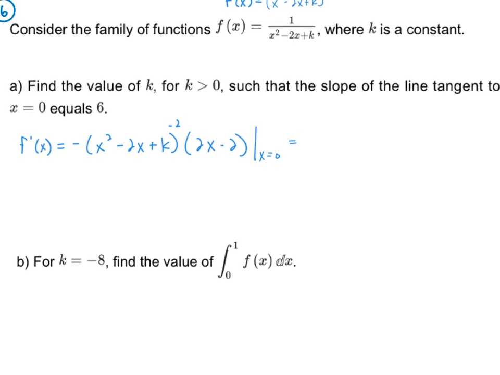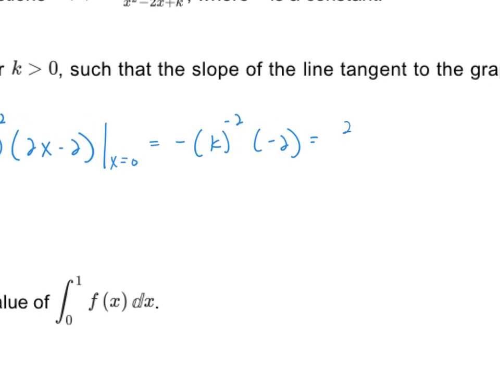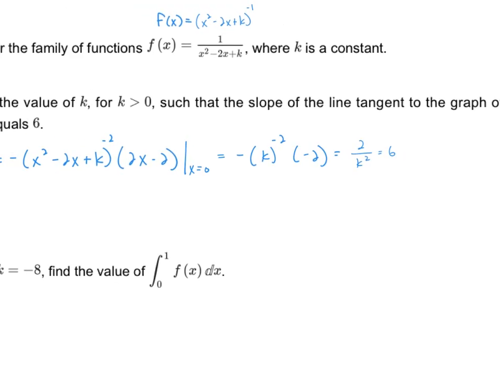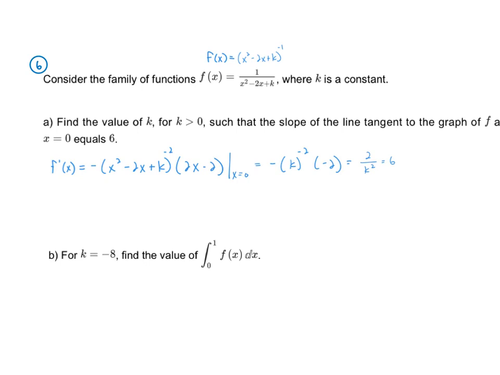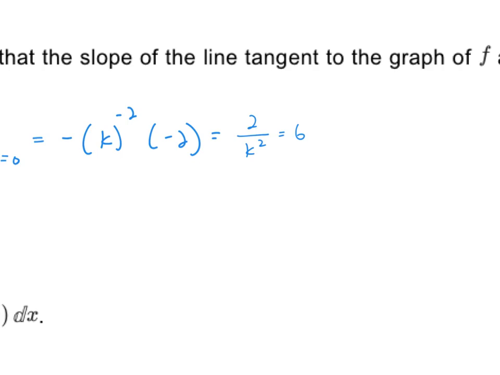Okay, when x equals 0, this is negative k to the negative 2 times negative 2. Negatives cancel, so this is really just 2 over k squared. And this should equal 6. Make sure about that. Okay, that means k squared should equal 1/3.